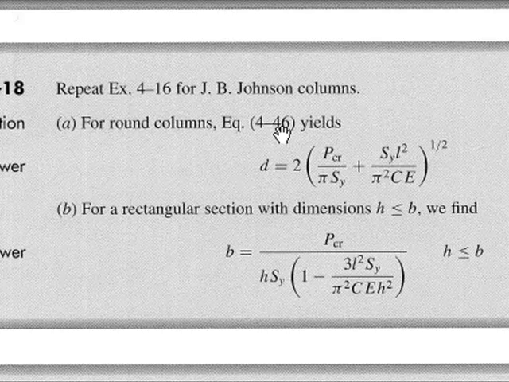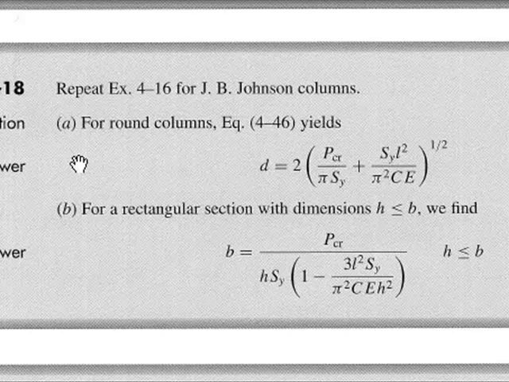Plug all that together, solve in terms of diameter, and then we'll solve the Johnson equation for diameter in terms of our expected load, length, end-fixity, Young's modulus, yield strength, those kinds of things. That would be a design equation if we're in the Johnson realm.